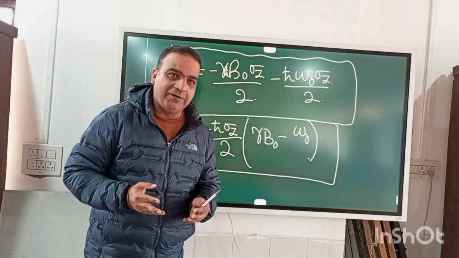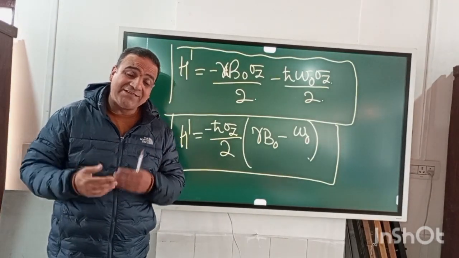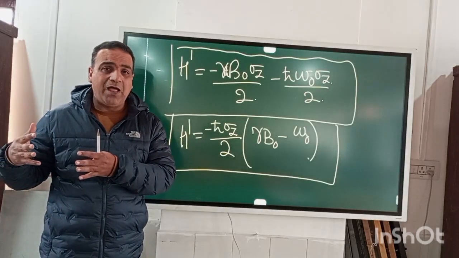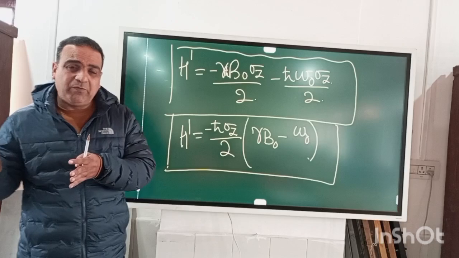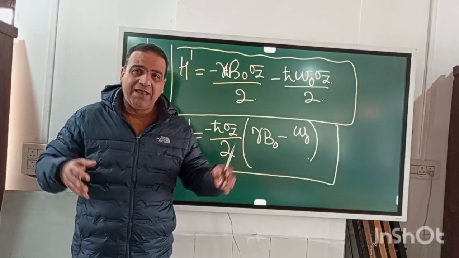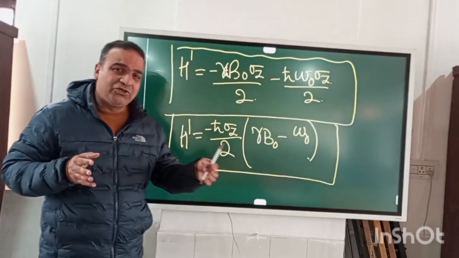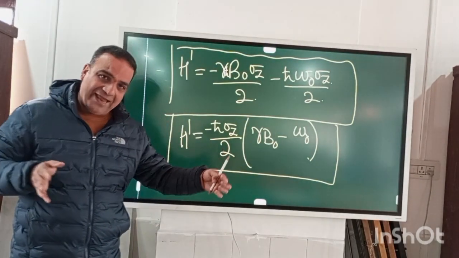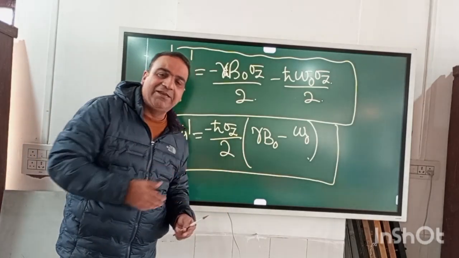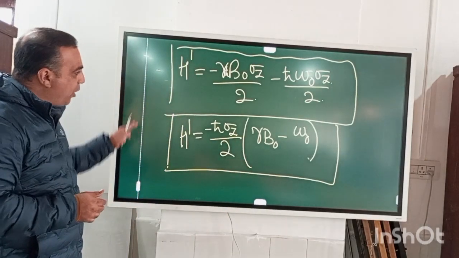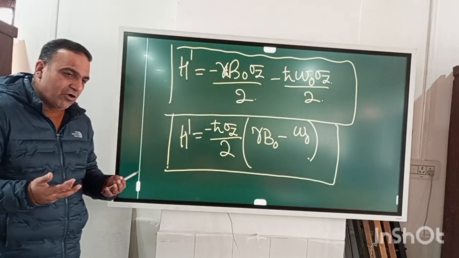See, the beauty of choosing the rotating frame of reference is that you have actually translated a dynamical problem into a static problem. You are moving from the laboratory frame of reference to the rotating frame of reference, and this automatically leads to a static situation where the magnetic field is not actually moving because the frame is moving with the magnetic field.